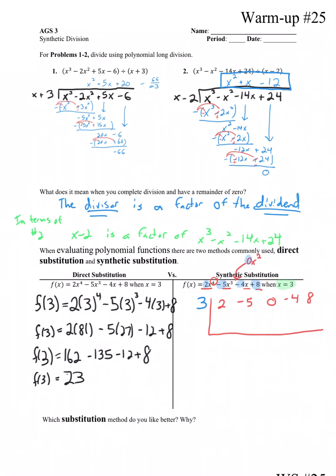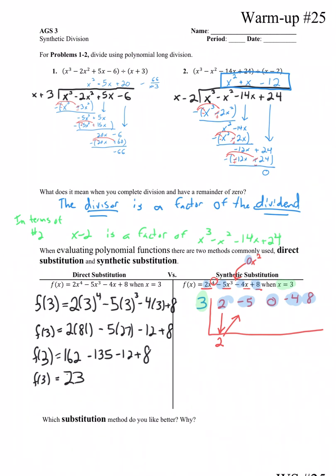And the way that synthetic substitution works is we're going to take this first 2, and we're going to try and kind of drop it out of the box and put it down here. And then in order to put it back into the box, we have to multiply by the 3.